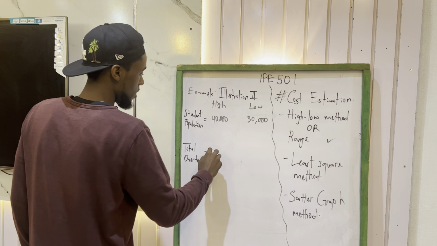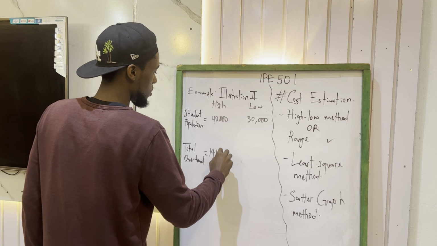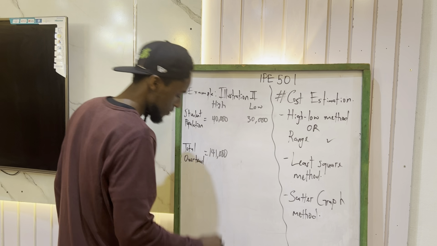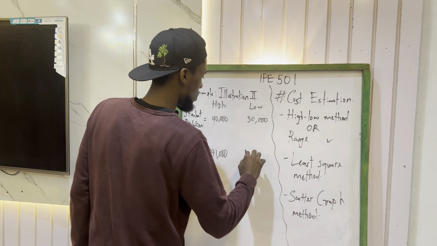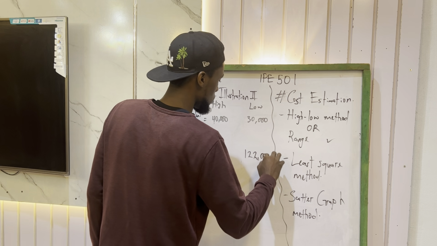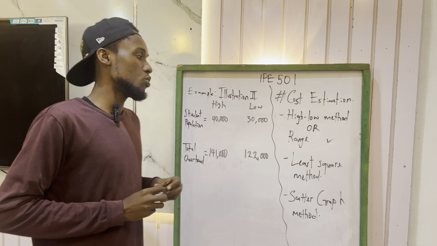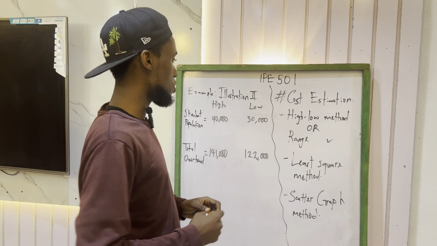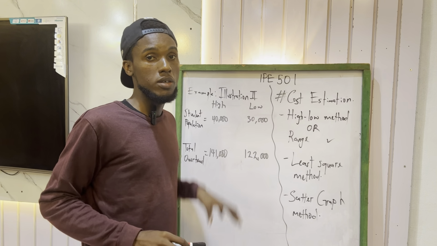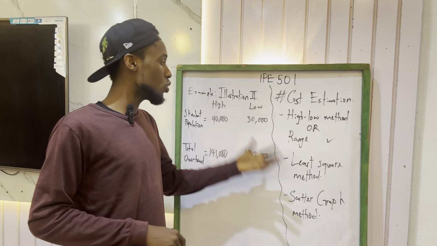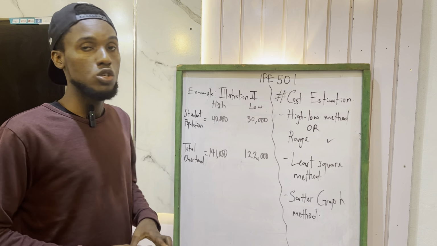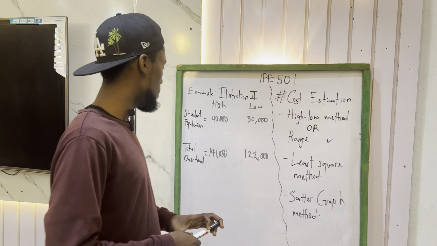Then for the total overhead, we have 141,000, and then for the low, we have 122,000. Now, when solving with the high-low method, we have some procedures which I may not list out because they're already in the handout, but as we go more into the solution, I'll be saying them.